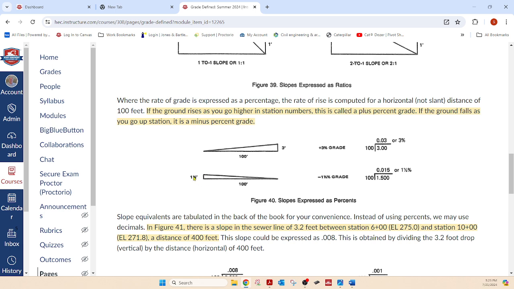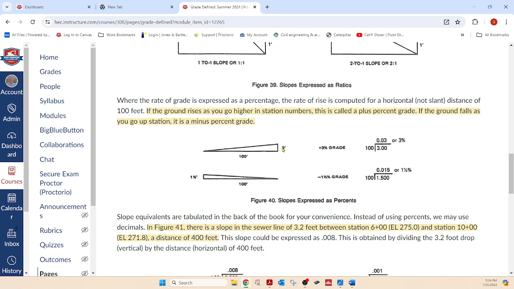So that's 1.5 feet plus 3%. I'm going to tell you that is 3 feet. Here's what you do. You take this 3%, express it as a decimal, which would be divide it by 100, and you'd get 0.03. Multiply that times 100, and you'll come up with 3 feet.